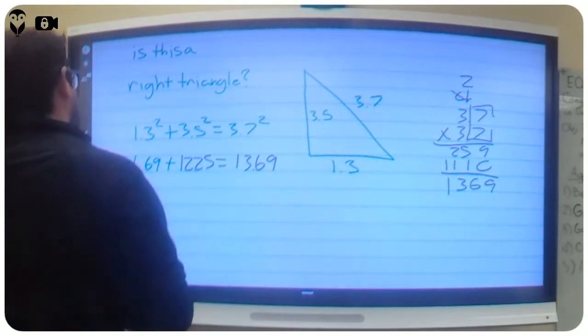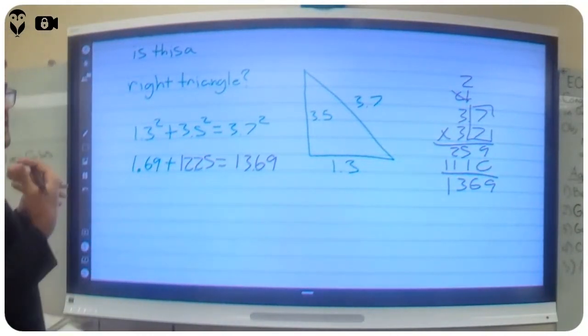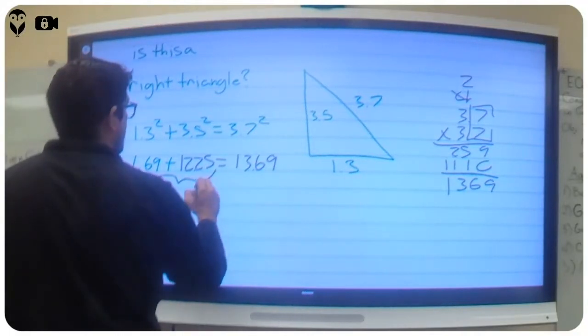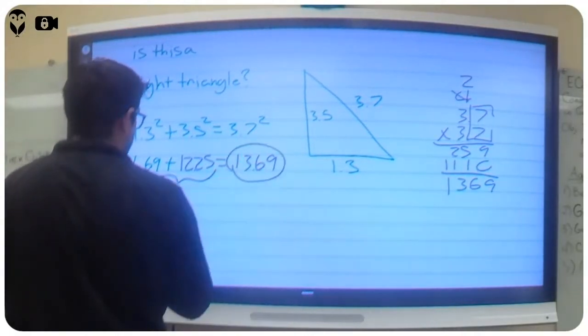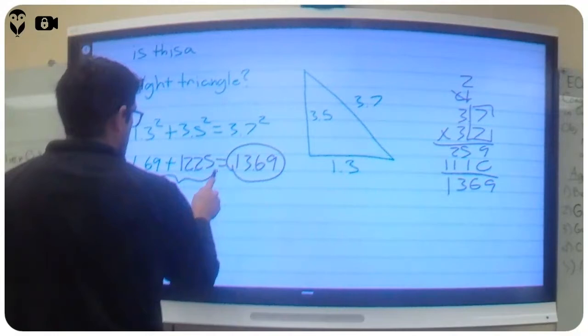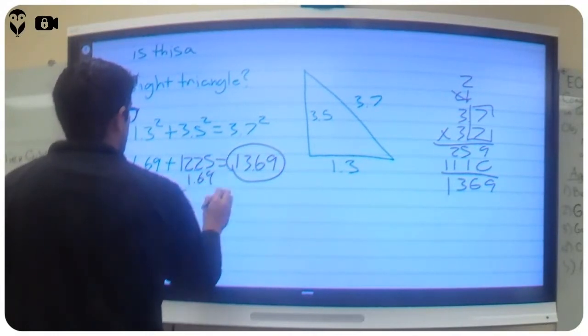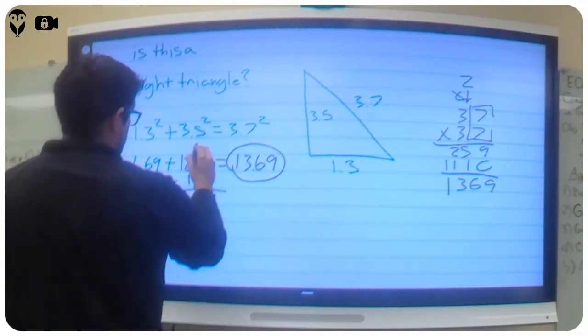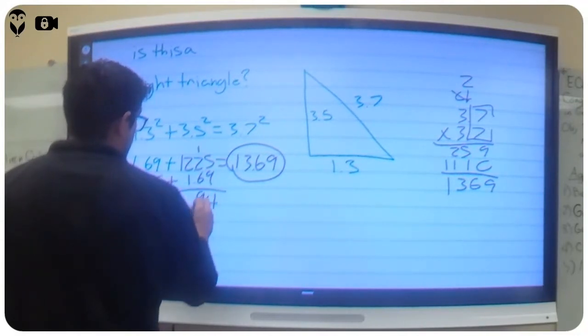So now we're going to be checking, is this a right triangle? Okay, do these two add up to make this one? So I'm going to put 1.69 right underneath it. And we're going to add. This is going to make 4, 1, this is going to make 9, this is going to make 3, and this is going to make 1.